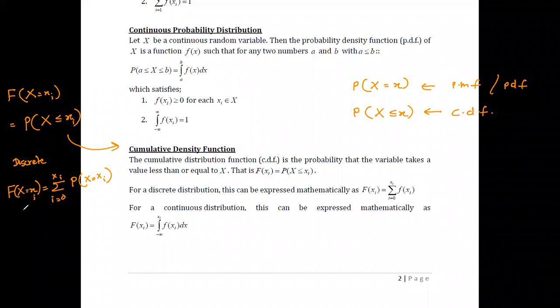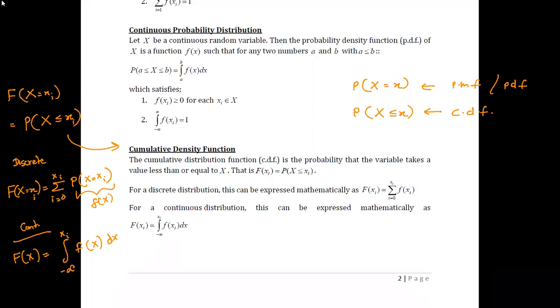This is for the discrete case. For the continuous case, rather than using the summation, we have to use the integral, starting from negative infinity and ending at the xi value, of f(x) dx. Here we can have p(x) or also f(x).